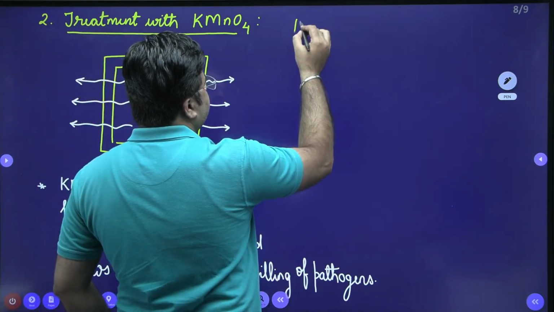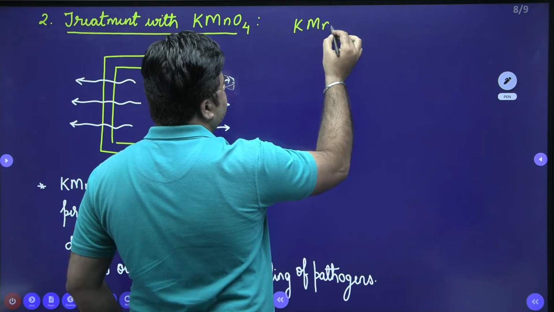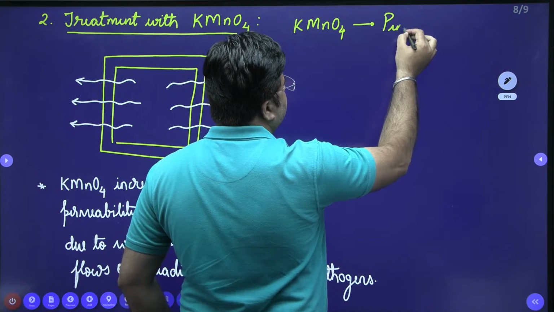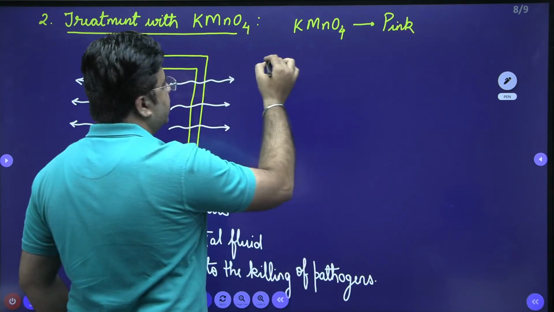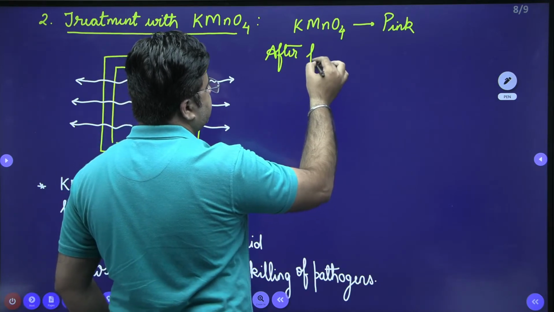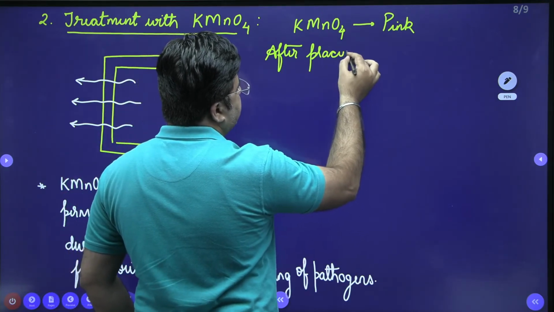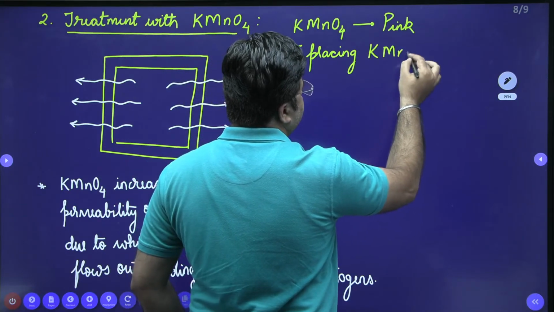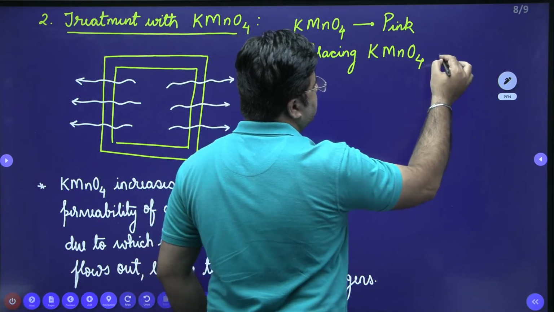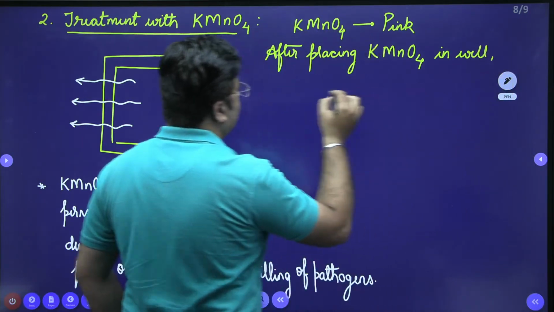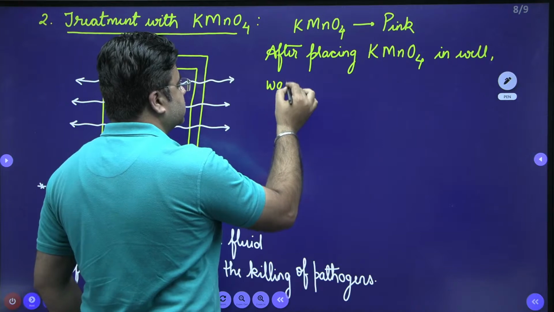KMnO4 is pink in color. So after placing KMnO4 in wells, water is left for 48 hours.